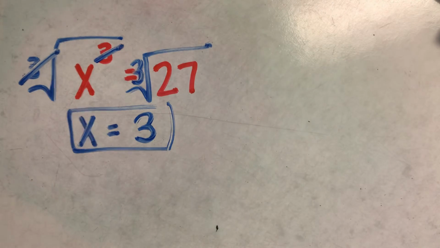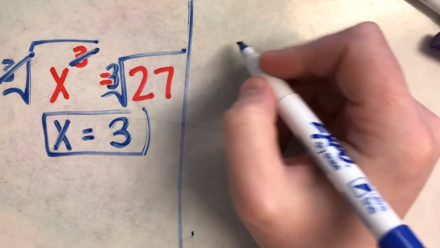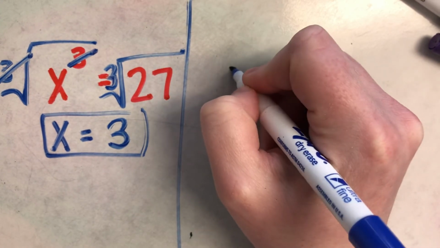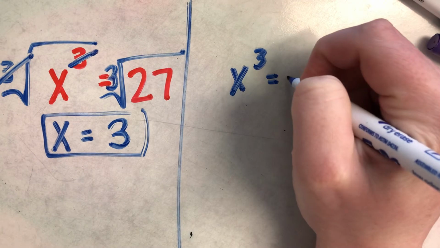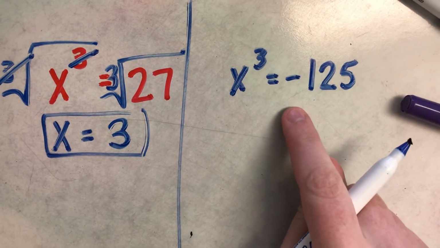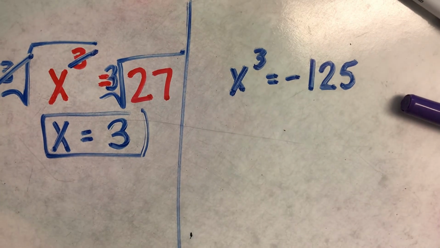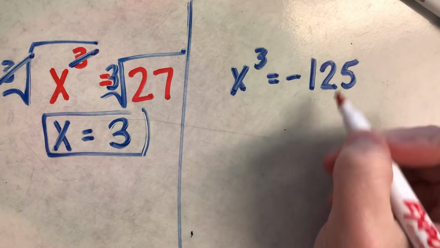Another one with that. Let's say you had x to the third equals negative 125. This one is fair game. I can have that negative because this is a cube root. Now, if it was a square root, I'd just be out of luck. But for this one, same way.